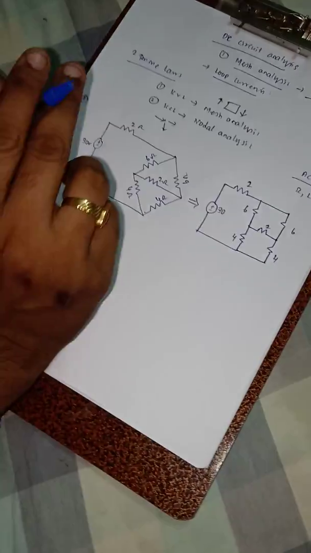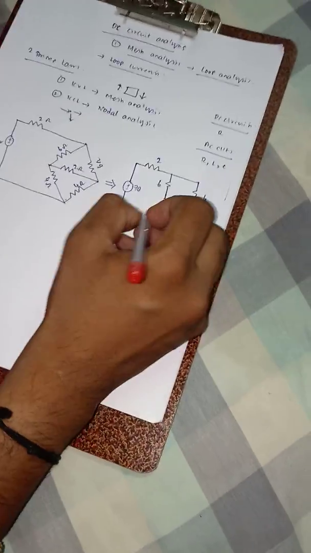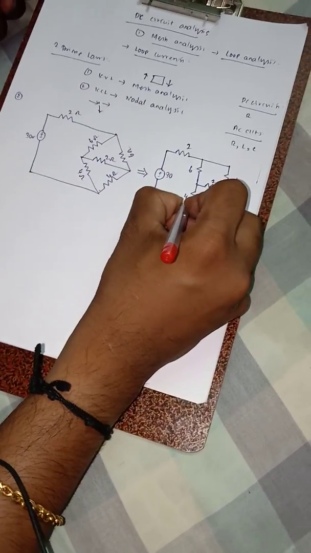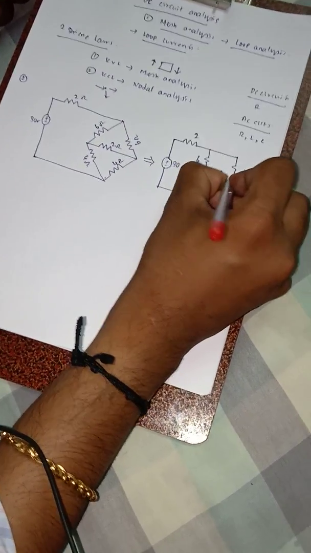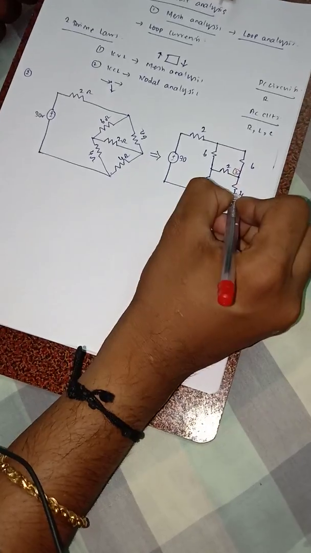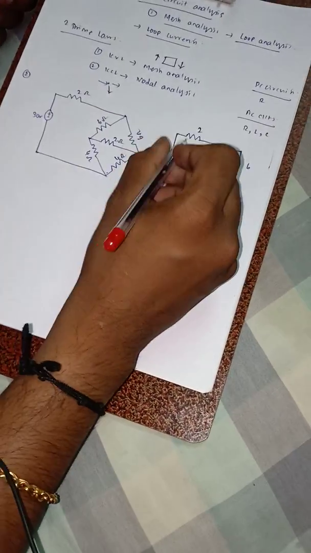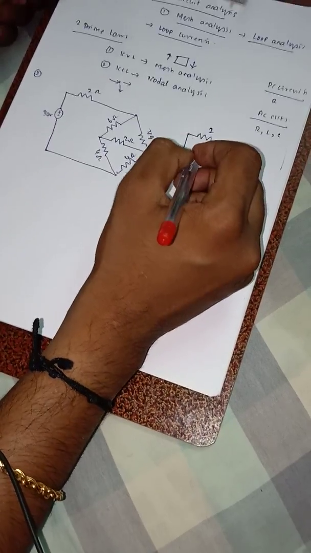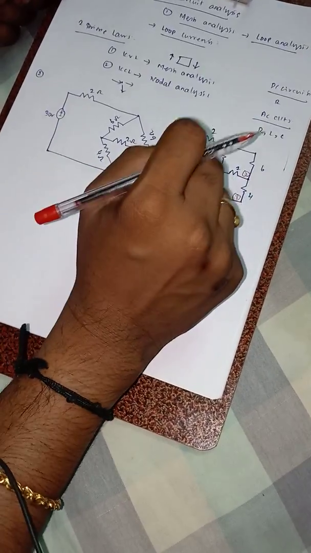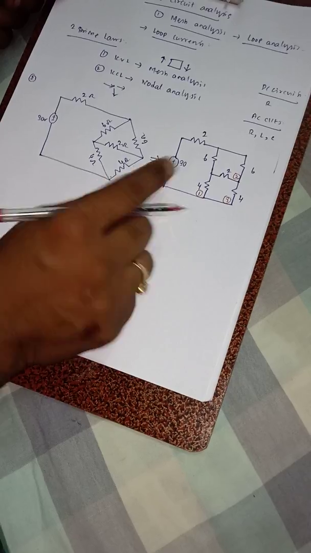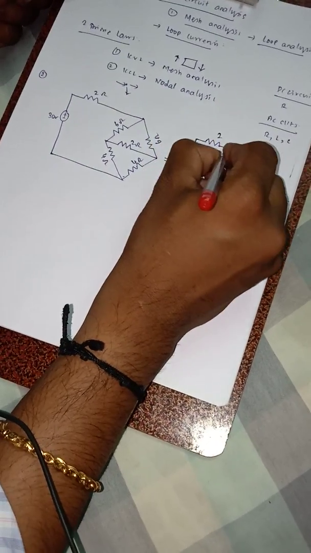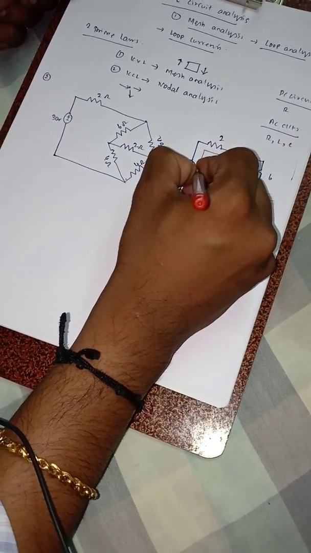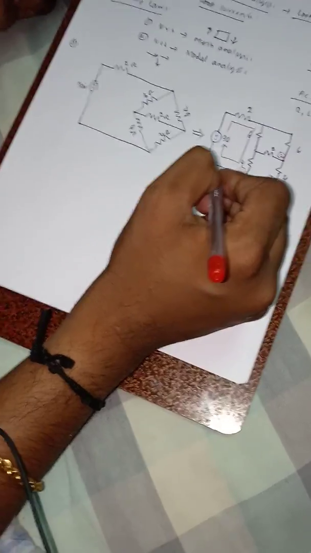As far as the solution for this circuit is concerned, first you want to name these loops. So first loop, second loop and third loop. Secondly, you want to give the current direction for these loops. Whenever in any loop you have a source, always select the direction of the current flow from positive to negative of the source.